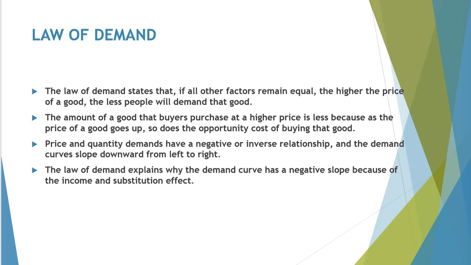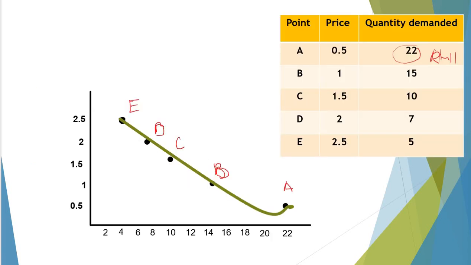Kita tengok point nombor 2 ni. The amount of good that buyer purchase at higher price is less because as the price of a good goes up, so does the opportunity cost of buying that good. Contohnya macam kat sini lah, yang ni kan. Bila harga dia mahal, kat sini, point E, harga dia mahal kan, orang akan beli dia sikit.